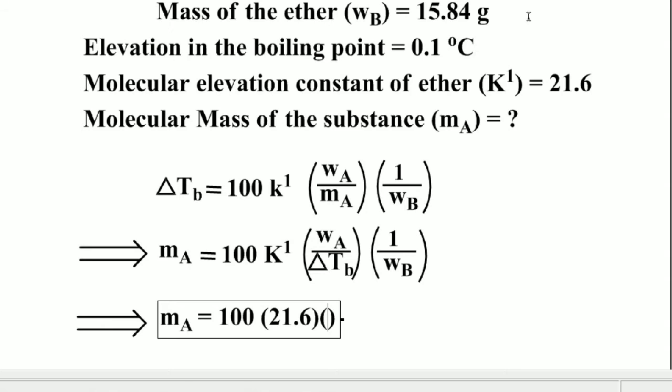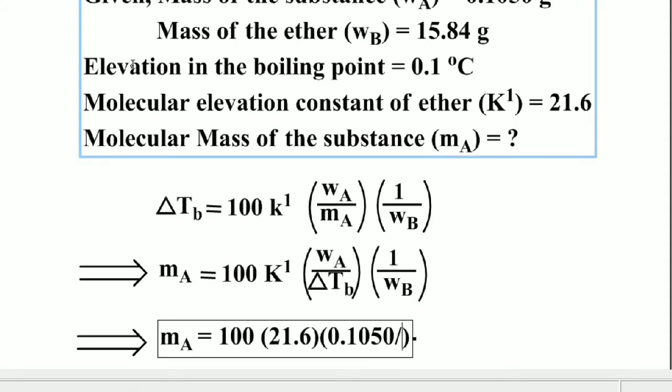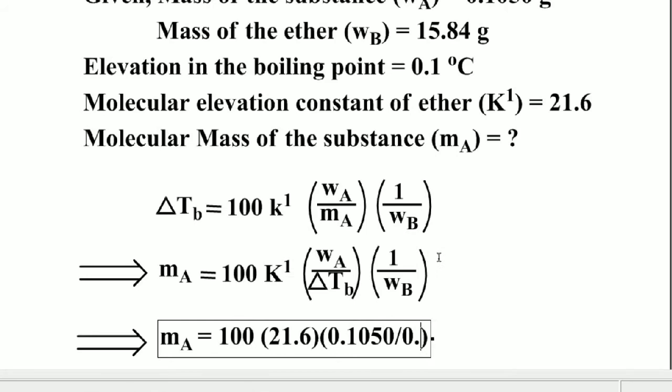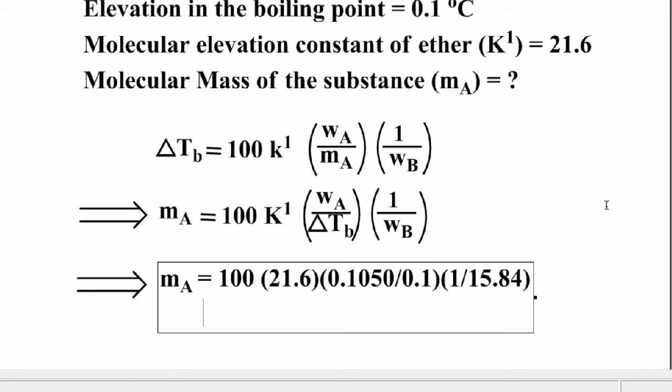Given WA is 0.1050, divided by delta TB, that is elevation in the boiling point, 0.1, into 1 by WB, and the given WB, mass of the ether, is 15.84 grams. Therefore, students, we can calculate this.